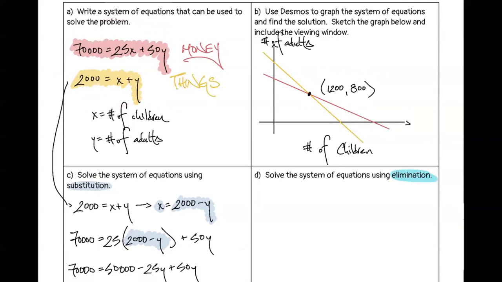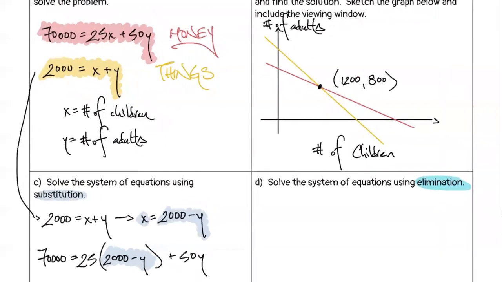So our group, we chose to multiply the equation by 25. So everything by 25. Cool. So you took 2000 equals x plus y, and then you times by 25.